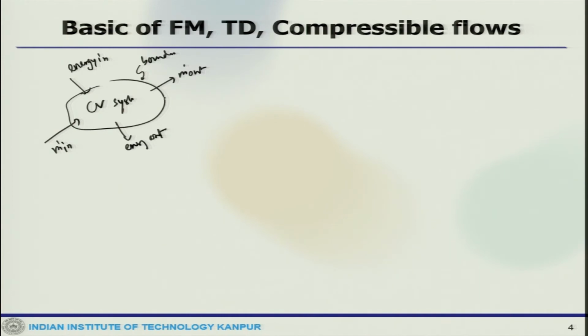You can think about the example of a heat exchanger or a pump, which has a fixed volume. This is referred to as an open system or control volume system, and mass transfer as well as energy transfer can take place across the system boundary.